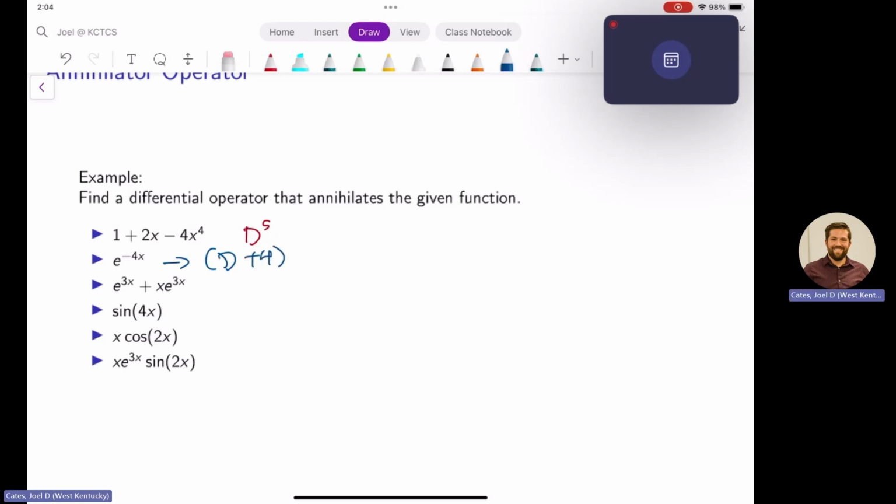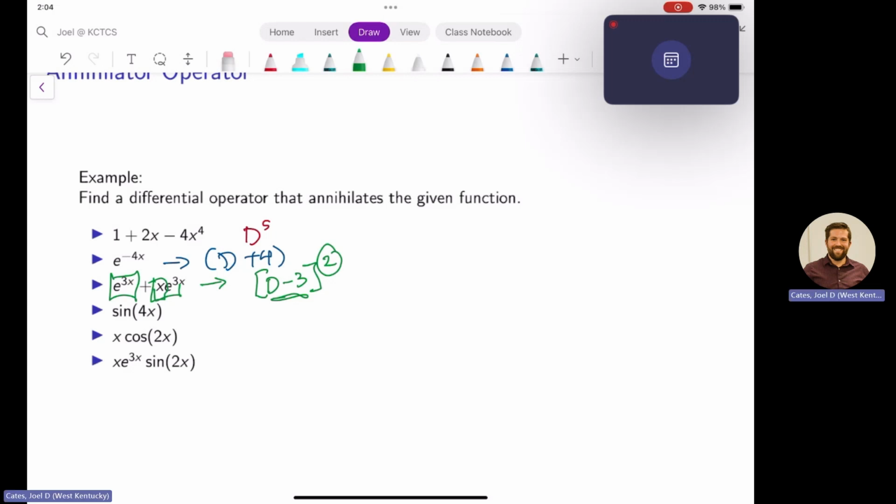For the third one, I would need the D minus 3, but because I have x e to the 3x, I'm going to go ahead and do it squared to get rid of this portion. All of that automatically gets rid of this, but now I need the square to take care of my x.